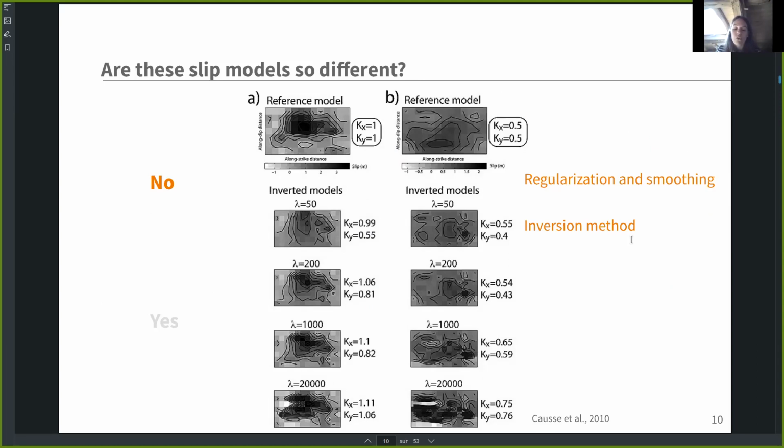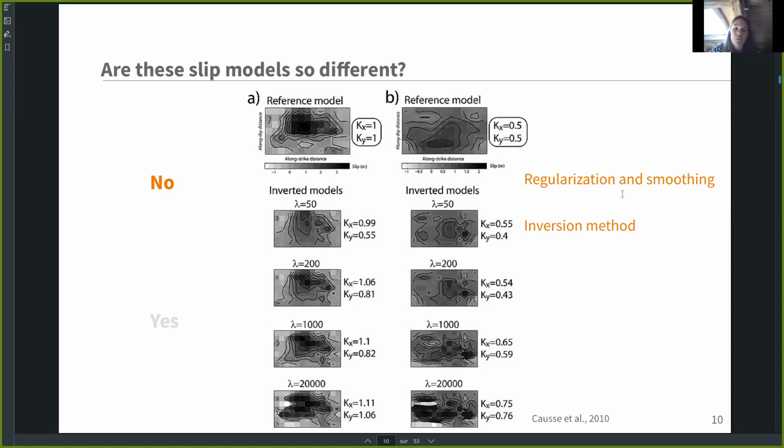So what we usually do is decrease the number of solutions and minimize the size of the solution space. To do that, one of the most widely used techniques is to regularize or smooth the models. The issue with that solution is that it is not physically justified, and it also has a huge impact on the solutions that we get.